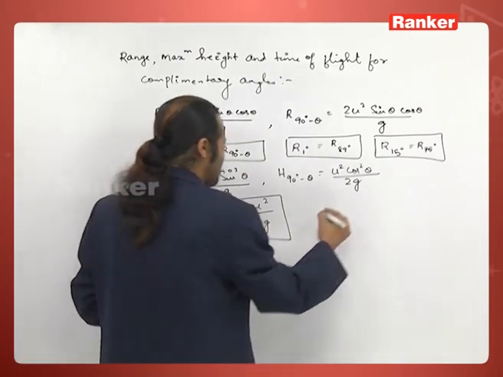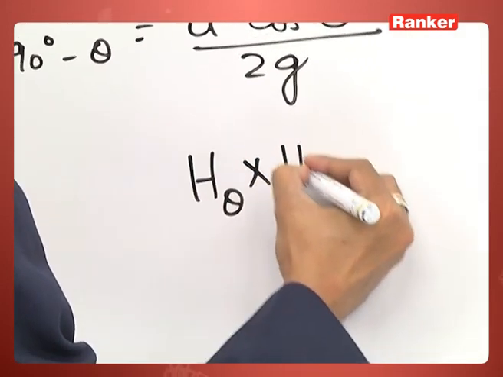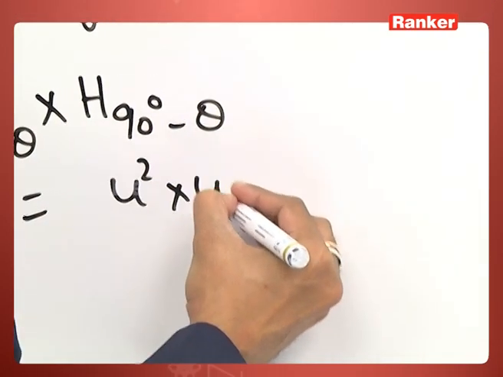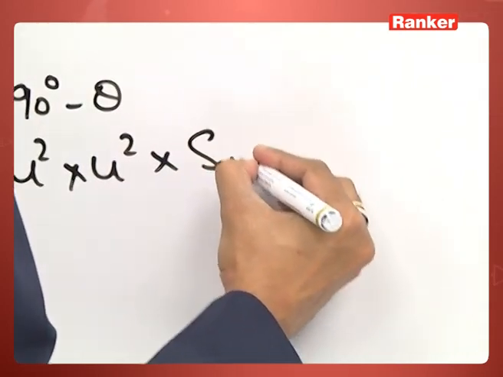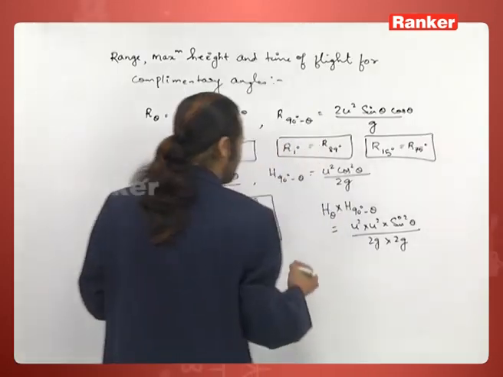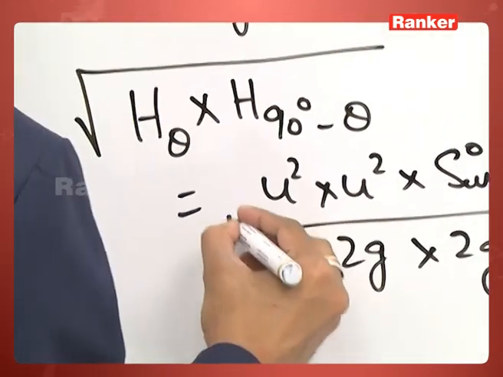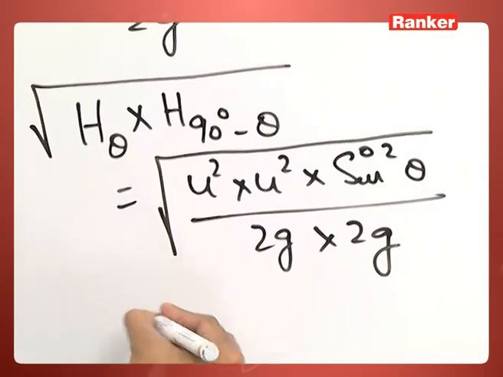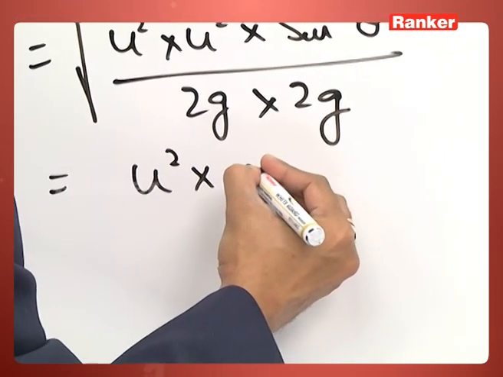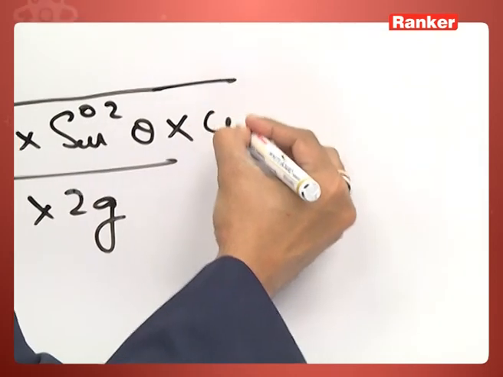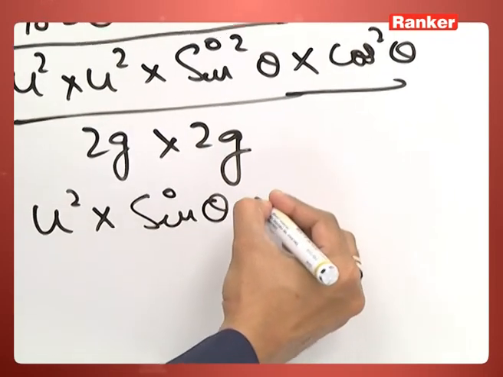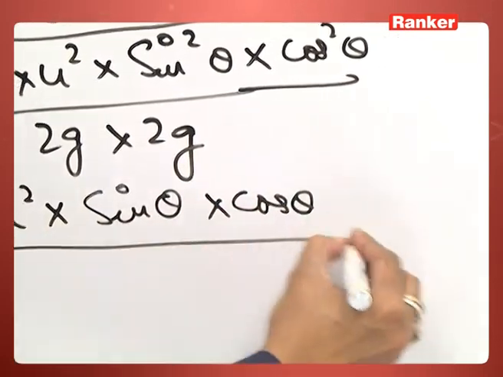Now let us have h of theta multiplied by h of 90 degree minus theta. So this becomes u square into sine square theta divided by 2g into 2g. Let us take the square root of this. So this becomes u square into sine theta into cos theta by 2g, that is 2.